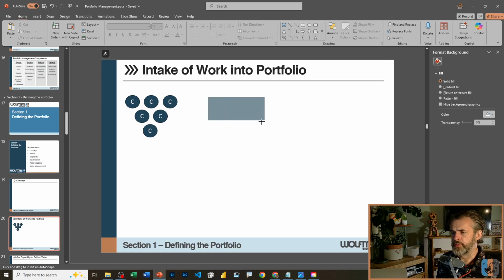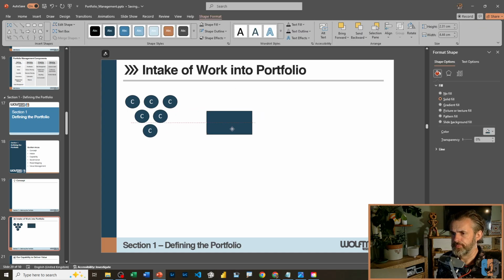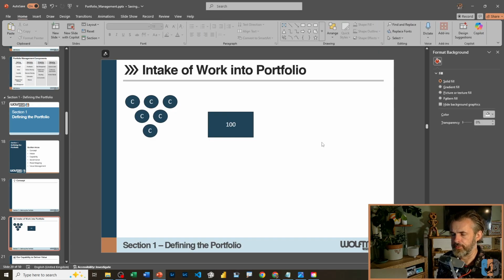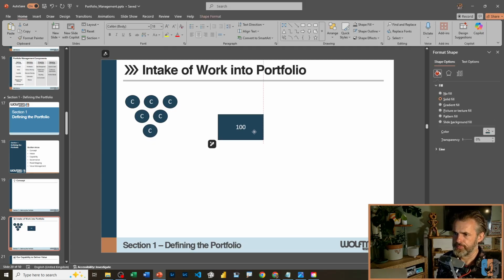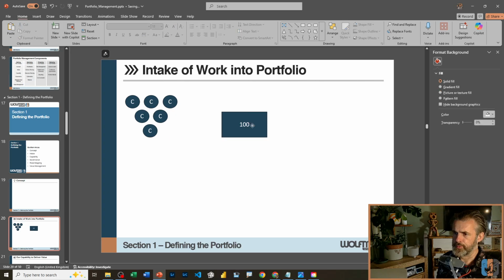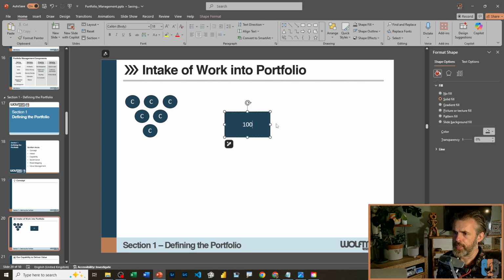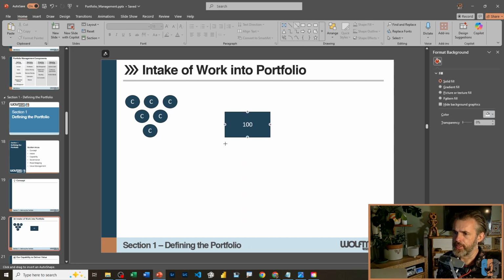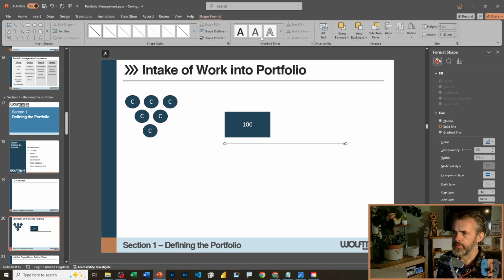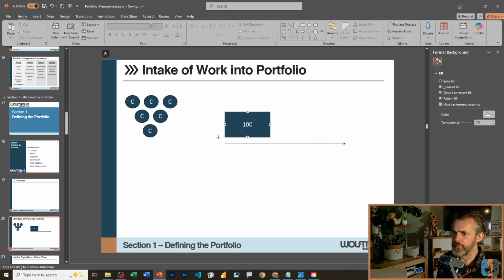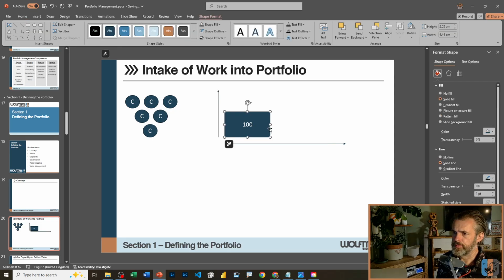Let's say that our resource is 100, whatever 100 means, and these are blocks of time.